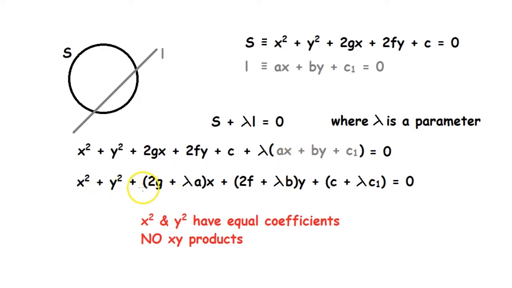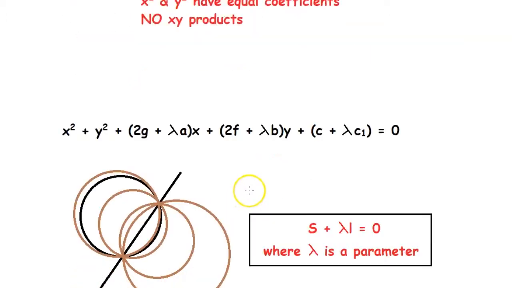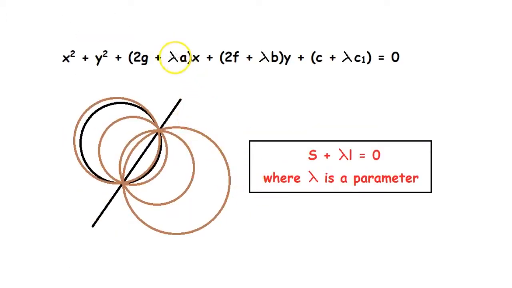So, it is safe to say that this is an equation of a circle. This means that when lambda varies, we get a family of circles. So, the family of circles formed by the combination of this circle and straight line is given by the equation S plus lambda L equals 0, where lambda is a parameter.